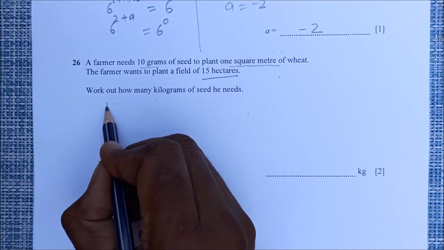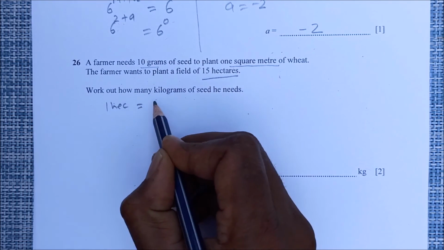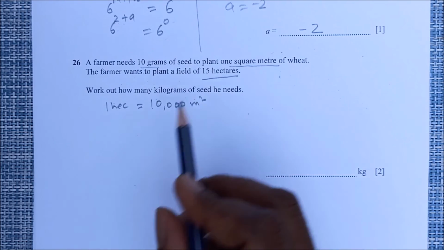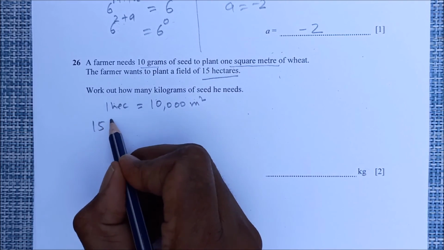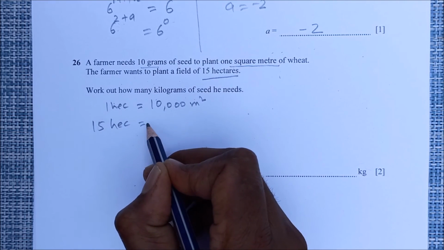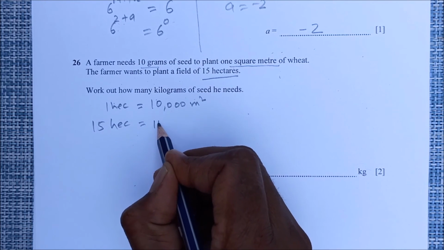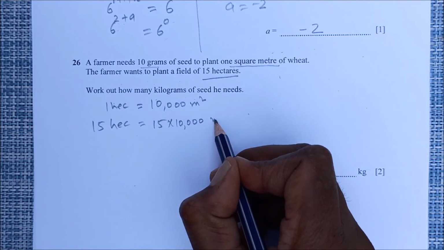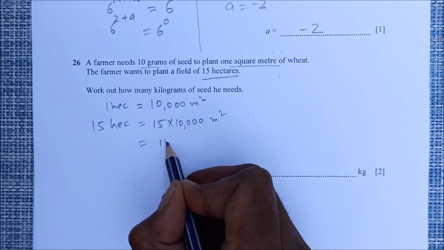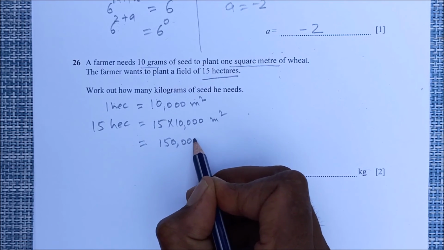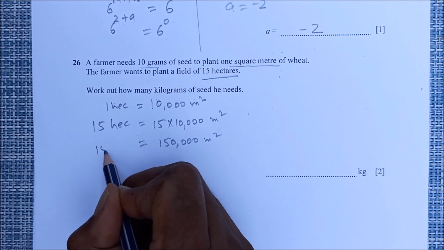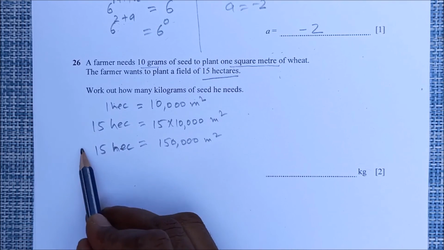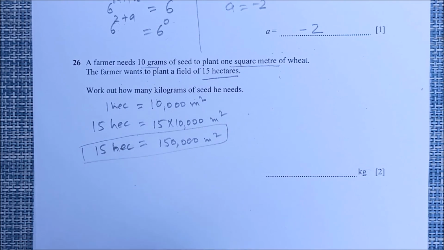As you know, 1 hectare is equal to 10,000 square meters. We are given 15 hectares, so 15 hectares will be 15 times 10,000 square meters, which is 150,000 square meters. So we can use 150,000 square meters instead of 15 hectares.